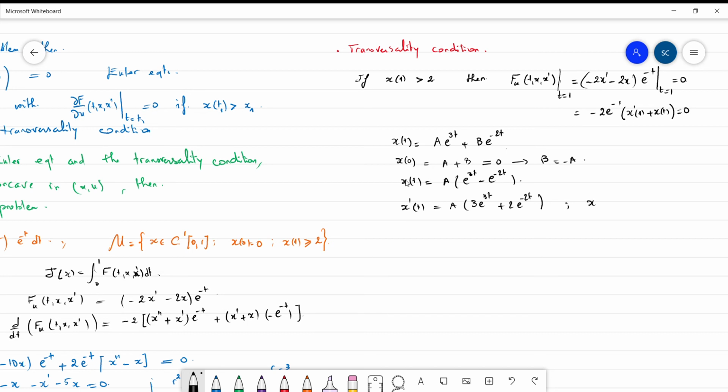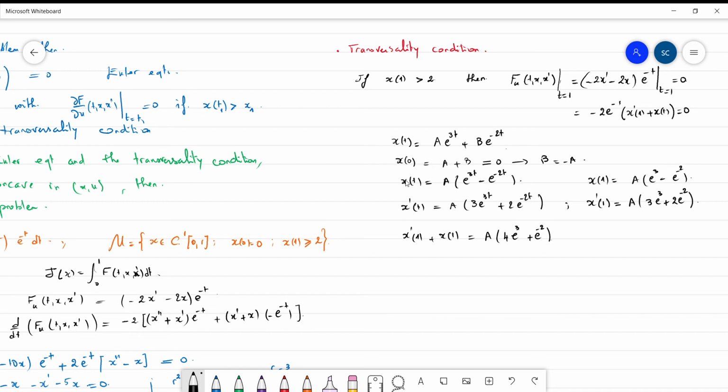If you take the value at 1, you have a(3e^3 plus 2e^(-2)). And x1 is a(e^3 minus e^(-2)). So if we add them, x prime(1) plus x1, we get a(4e^3 plus e^(-2)).